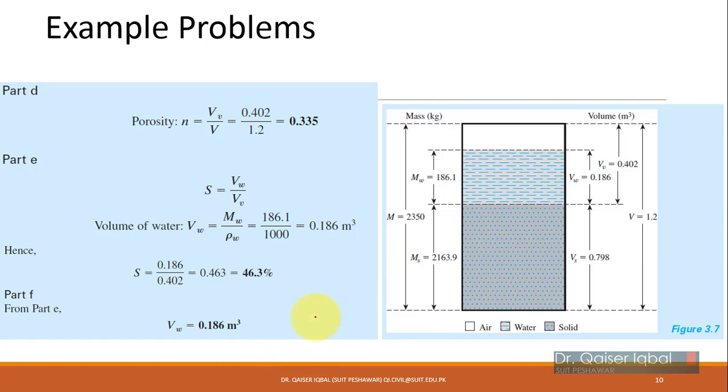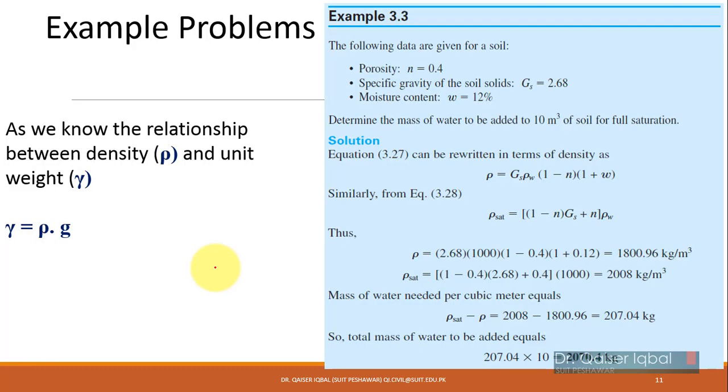Over here they have determined every property and calculated porosity by dividing the volume of voids by the total volume. They determined the volume of voids and the total volume is already given. So just try it yourself and give me feedback in the live Zoom session, and if you have any questions, we will discuss that.